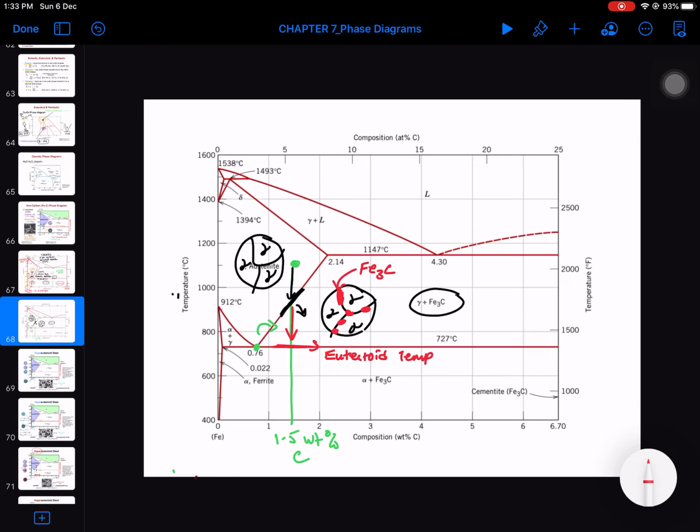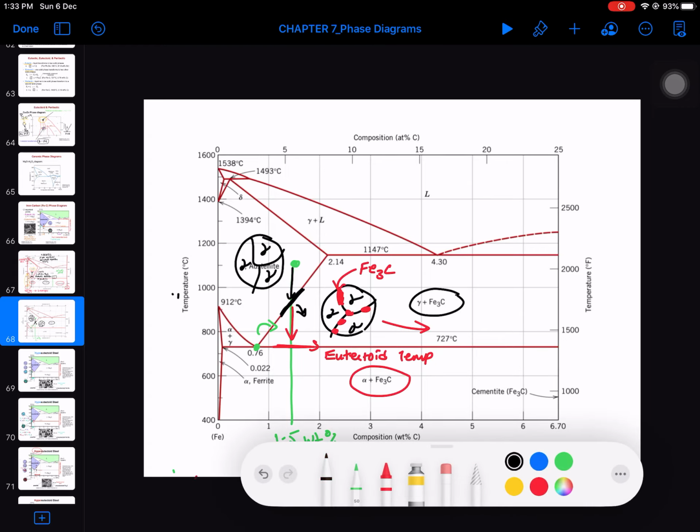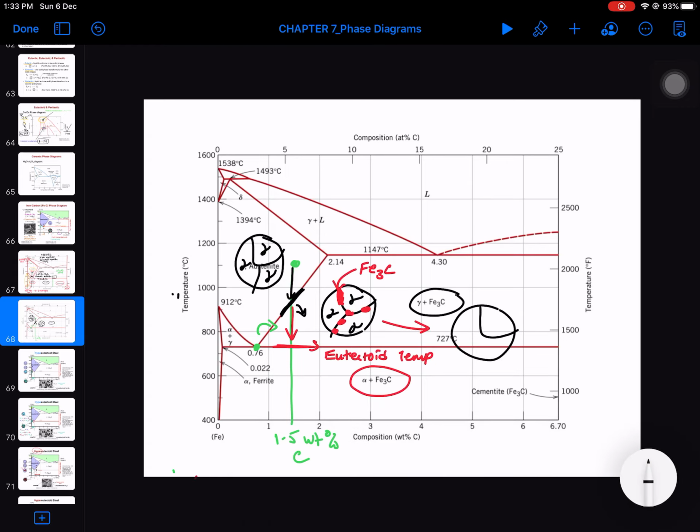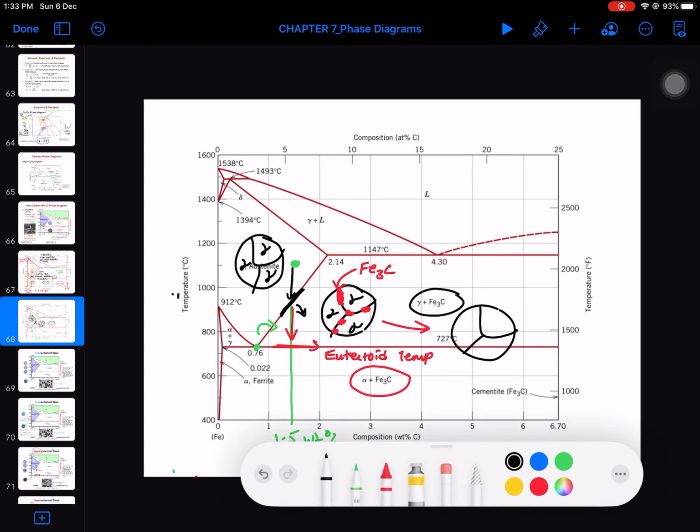When it goes below the eutectoid temperature, it comes into another phase, the one that contains alpha ferrite plus cementite. That means just before it crossed the line, all the lumps or nodules of cementite will already be filling the grain boundaries of the austenite.